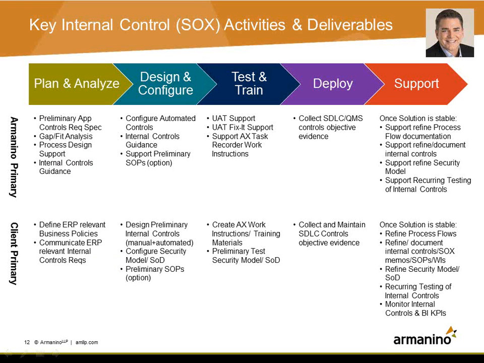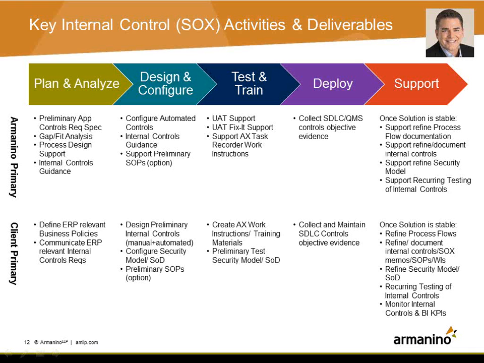So using the Armanino methodology as context here, in the plan and analyze phase, this is where we really want to encourage the engagement of knowledgeable subject matter experts who understand the principles of internal controls to participate in the design of business processes and defining the requirements for the application, which traditionally we think of more as just functional requirements, but what we're here today to highlight is we also want to have people in the room that really look at it from that internal controls lens.